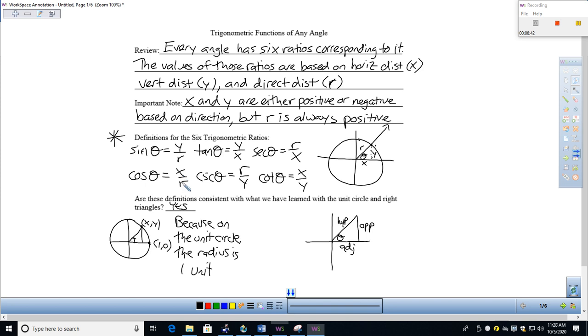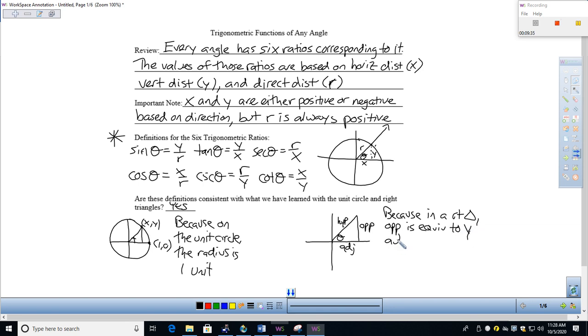So again, long story short, why is it consistent? Because in a right triangle, the opposite is equivalent to y. And again, pardon my shorthand, just trying to get through this piece for us.